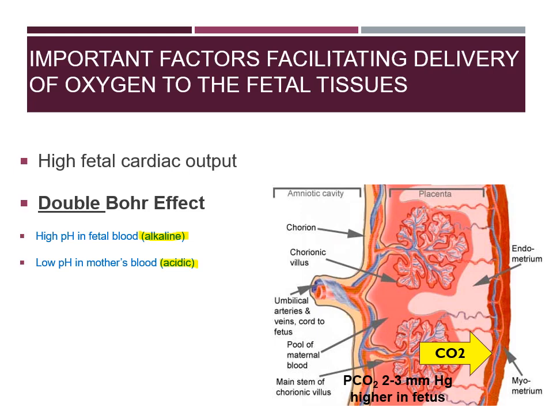So the Bohr effect here occurs at the two circulation levels, maternal and fetal, and that's why we call it the double Bohr effect. So even with the low gradient of oxygen between maternal and fetal circulation, the delivery will be enhanced to a high level due to this double Bohr effect.